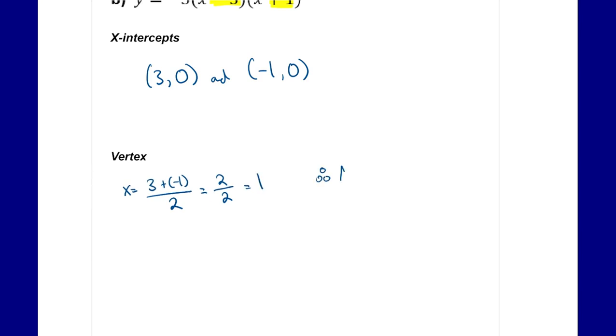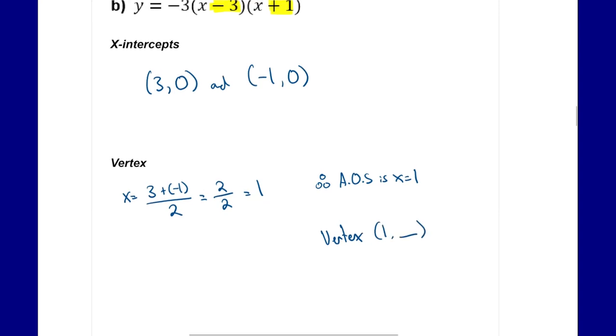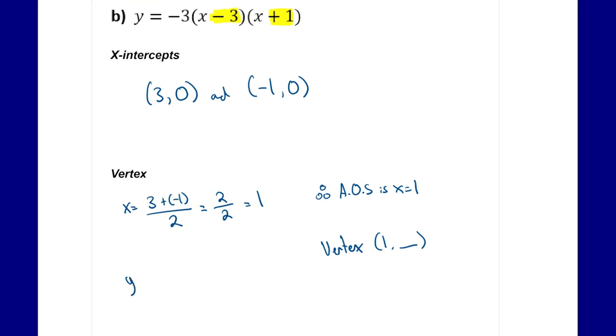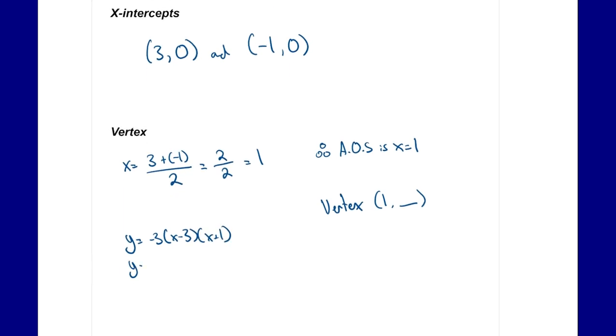So therefore, the axis of symmetry is x equals 1, and I know the vertex is going to be 1 and then a value. To find that value, I'm going to plug it in for x in our function. So I'm just going to replace x: -3 times (1 minus 3) times (1 plus 3).